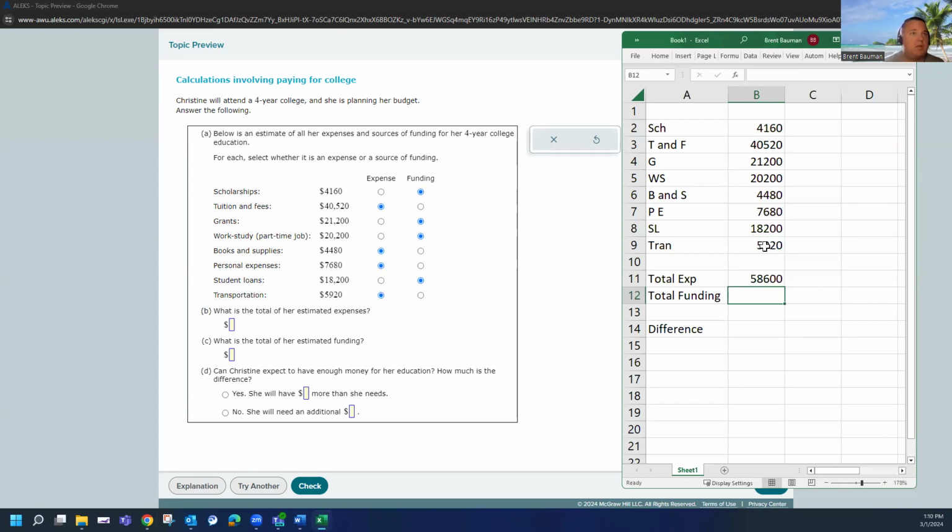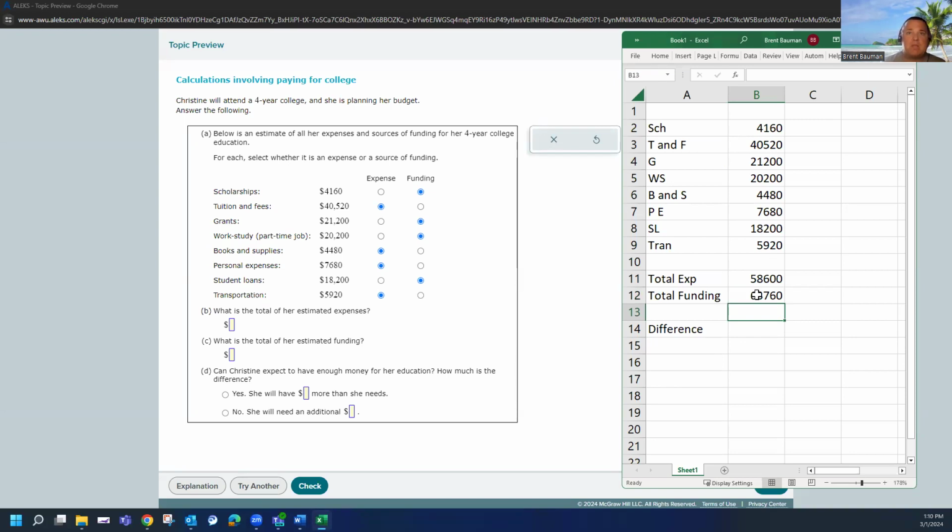Okay. So that's our total expenses. And now our total funding is everything that we've marked as funding. So we have our scholarships plus our grant plus our work study plus the student loan.